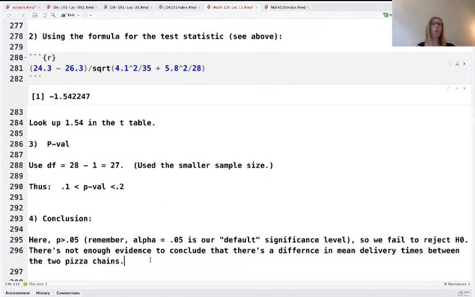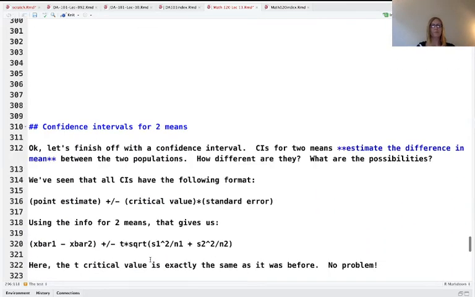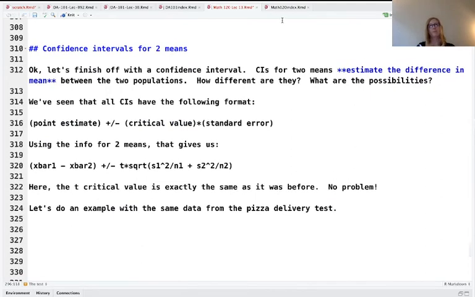Okay, one more thing. Still got to do confidence intervals. Let's talk about confidence intervals for two means. Remember, confidence intervals are all about estimating a population parameter.